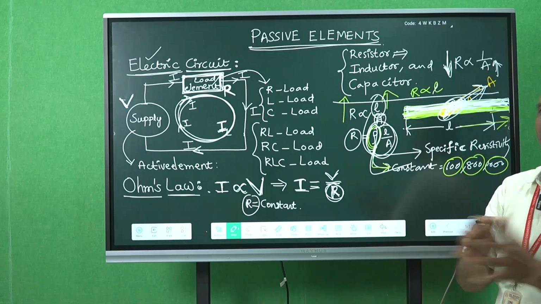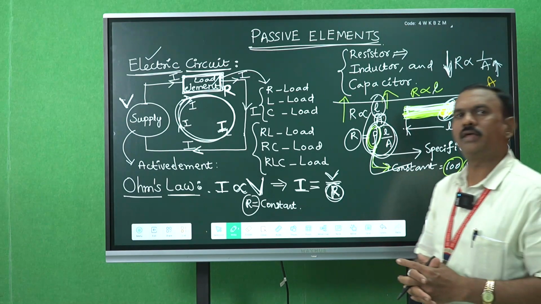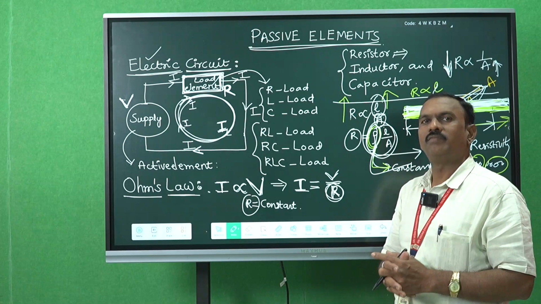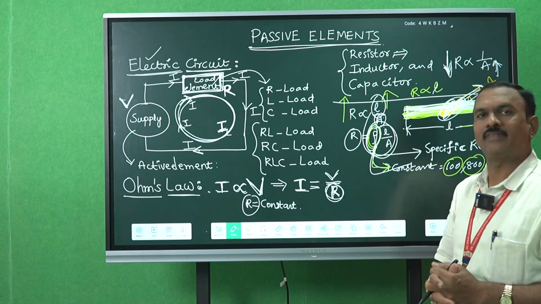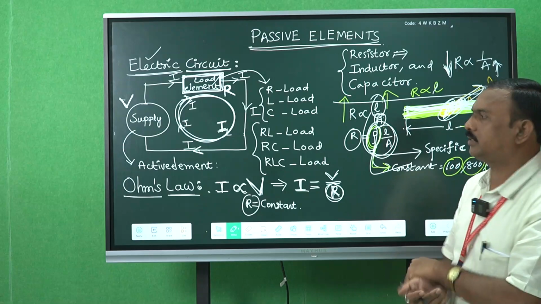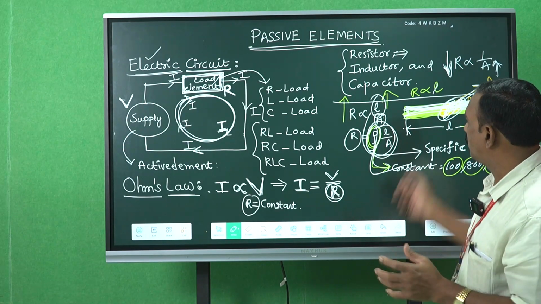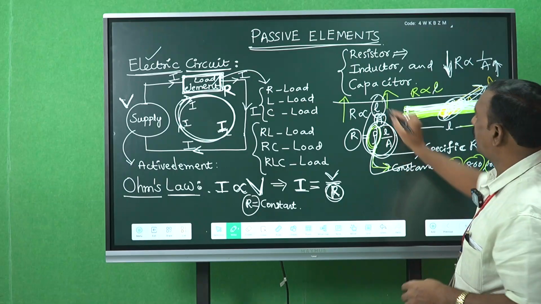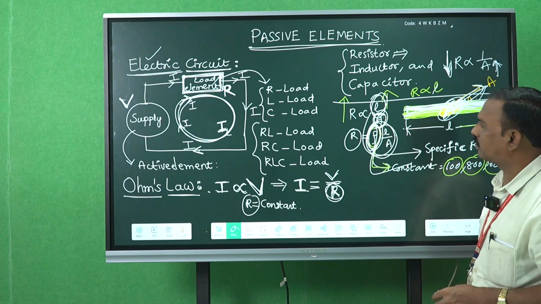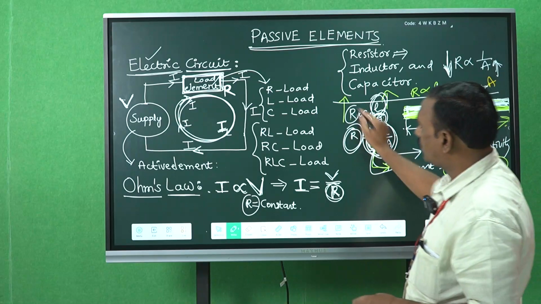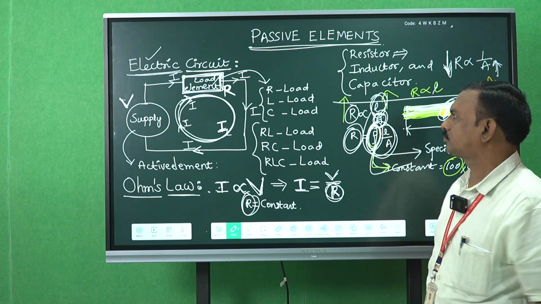At a constant temperature, Ohm's law states that the current passing through an element or a circuit is directly proportional to the applied voltage or supply voltage. The condition is a constant temperature. So the temperature is constant, length is constant, area is constant, and the particular type of material is also constant. That's why R is constant. If R is constant, then I is proportional to V. This is about Ohm's law.